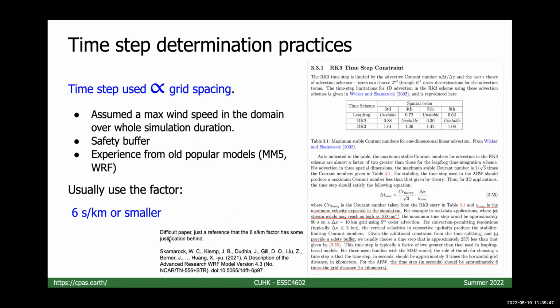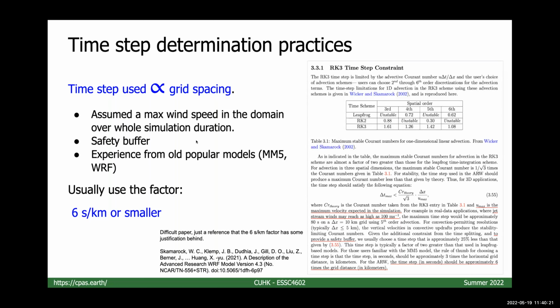And in the best practice, which is written in the documentation of WRF and also its older generation MM5, and as the developers further developed MPAS with the unstructured grid, many principles that are applicable to MM5 and WRF also apply to the MPAS model, although it uses an unstructured mesh.